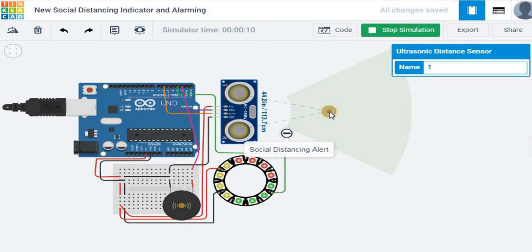And as soon as the person moves away from the person who is carrying this system, the count of LEDs will be turning off, and when the distance reaches 300 or more, then only one LED will be glowing, and this indicates the system is actually in working condition.